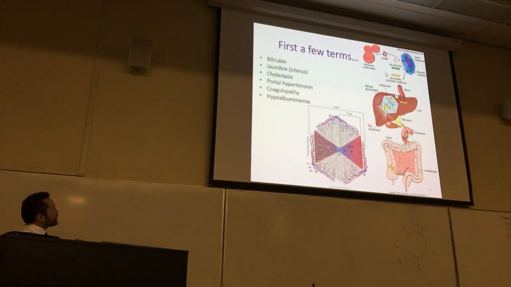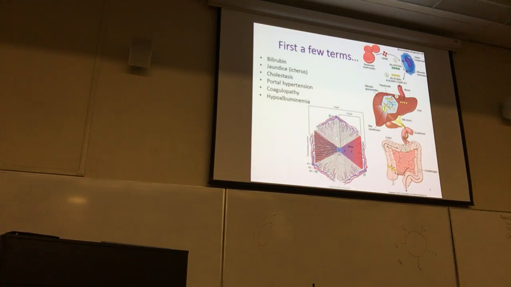This is a lobule, and the architecture facilitates its functionality, very similar to the way the kidney is organized. There's an architecture in the liver that allows for filtration to take place, much like what we see within the kidney.